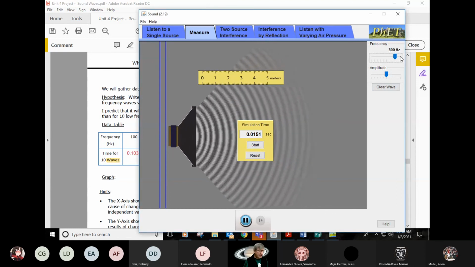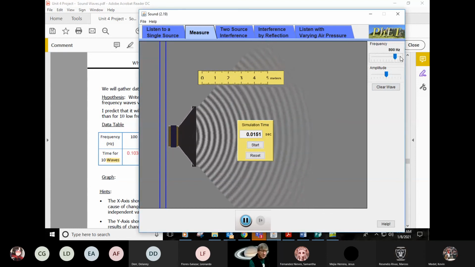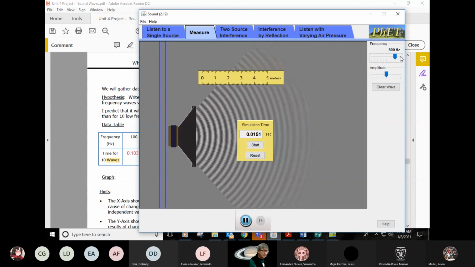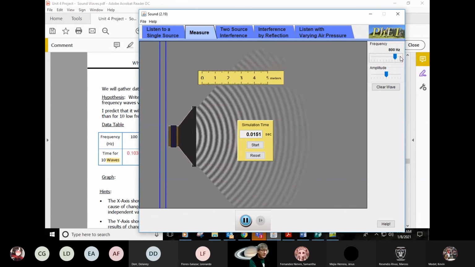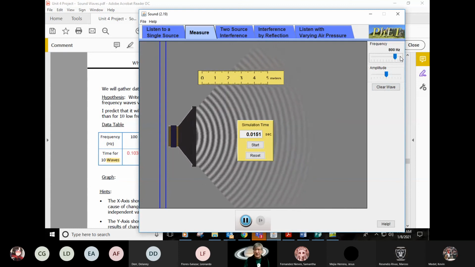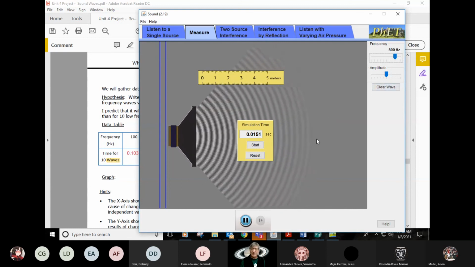And then we're moving up to 800 hertz. There's 700. There's 800. Resetting the timer.